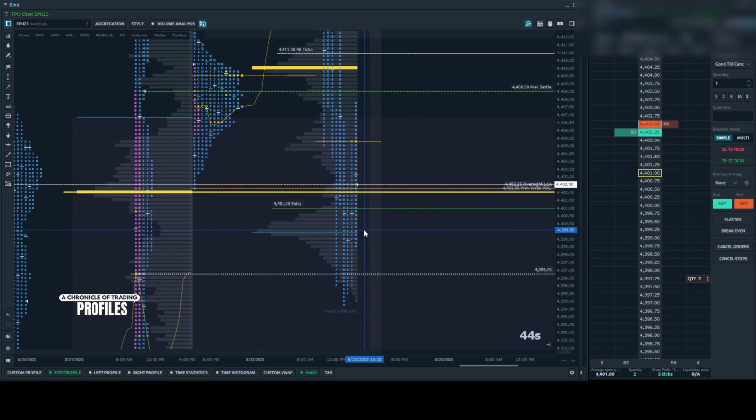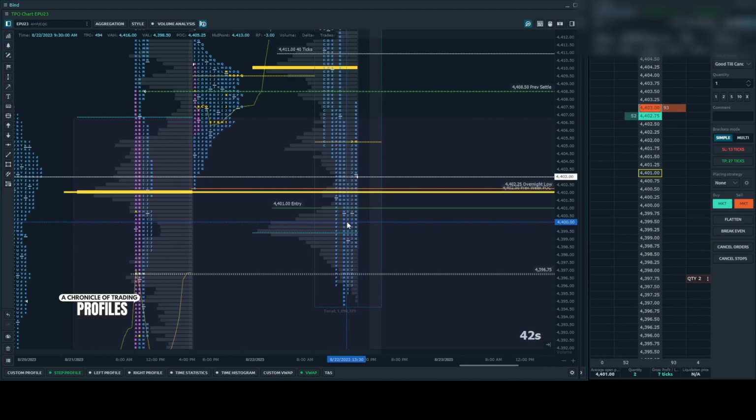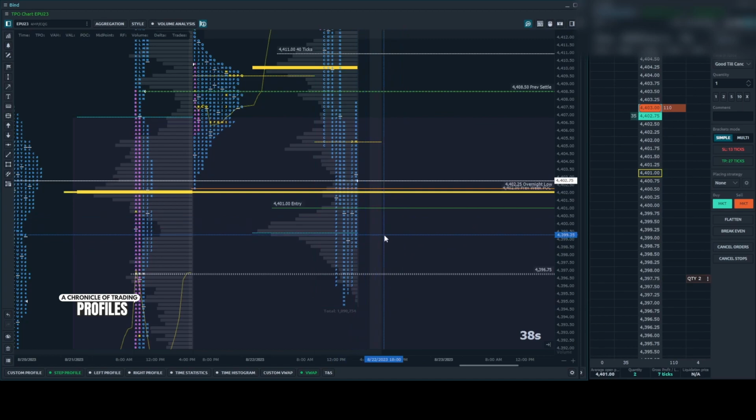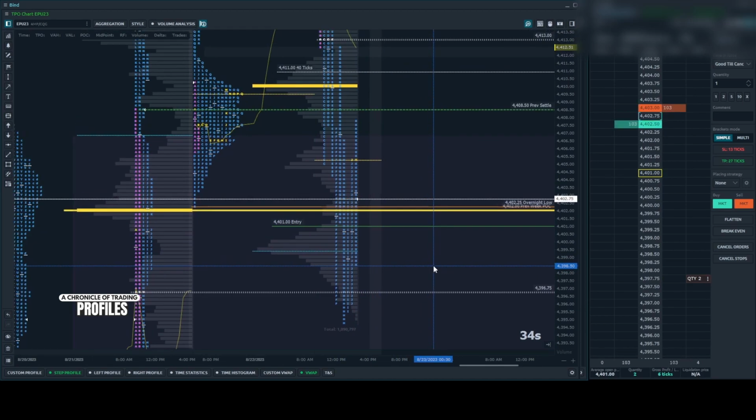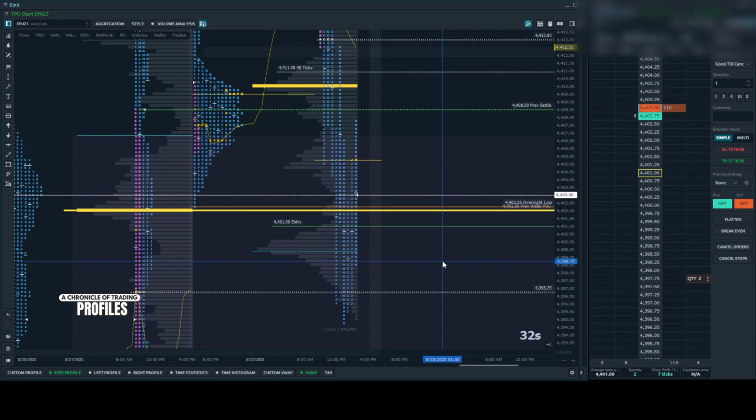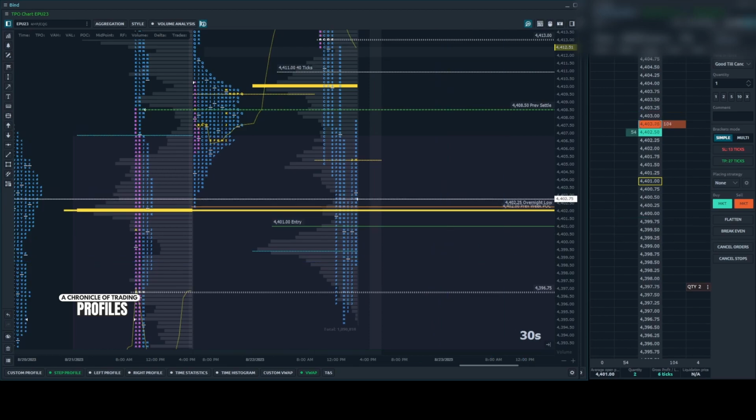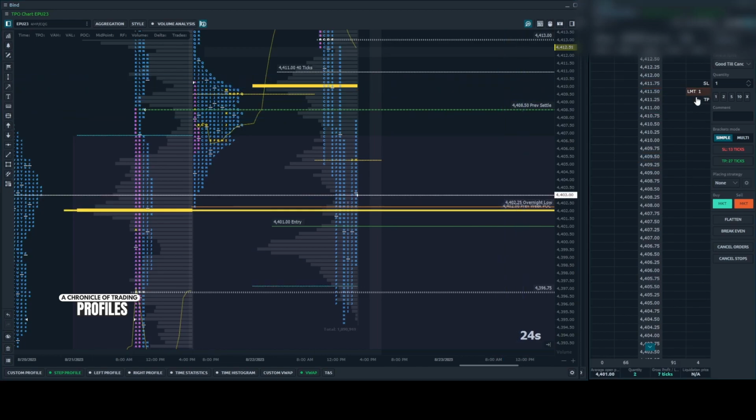I'm expecting this to make an attempt to break this K, even if it only gets down in here. Let me double check my targets. We'll bring this to the 11 at the 40 ticks.